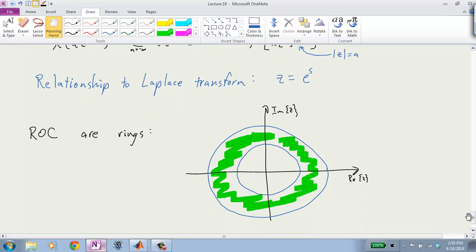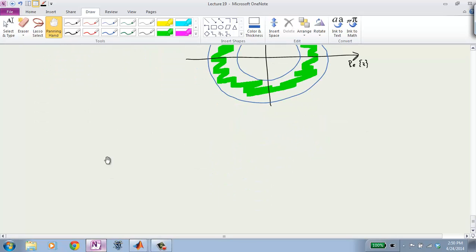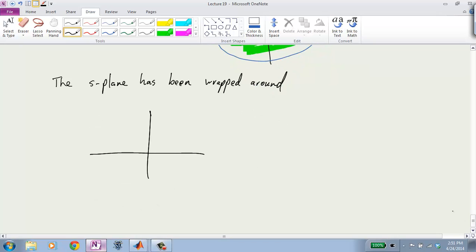The best thing to remember is to think of the S-plane. The S-plane has been wrapped around. So imagine that you took your S-plane, which had vertical regions of convergence like this. Okay, and you had things like this as a region of convergence.